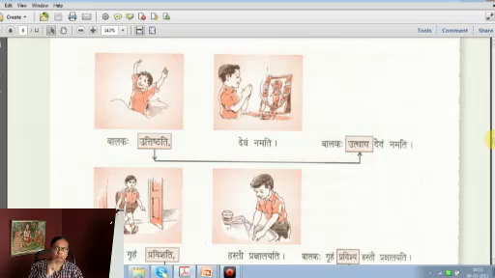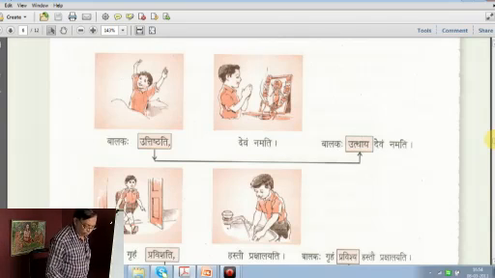Like the previous Tvanta, the verb of the first sentence only gets affected here. But the derivation is not like the previous one. In Tvanta, Tva is added. Here, this is a different lyap. What is added? Ya is added. But in addition to that, you have to have a prefix with the verb here. If you closely watch the verb given here, uttishtati.